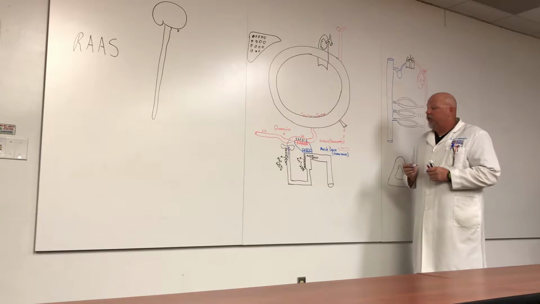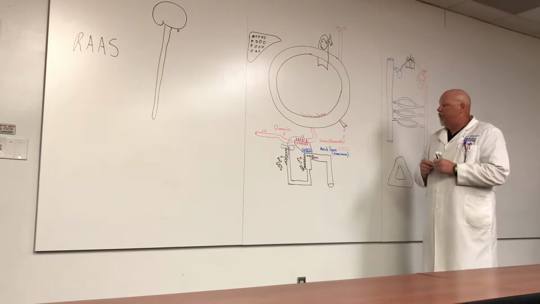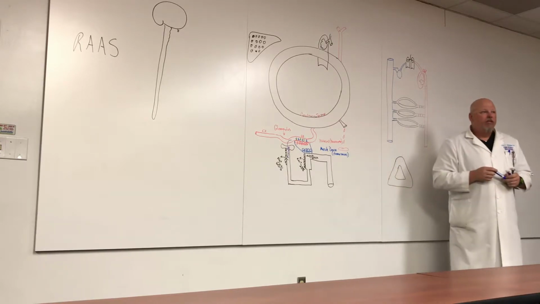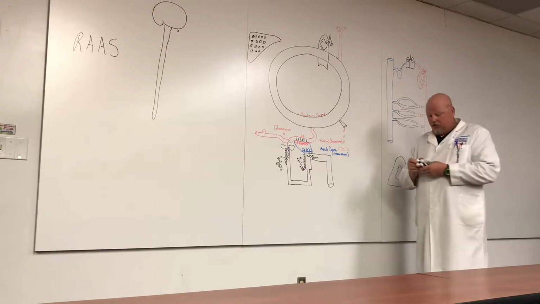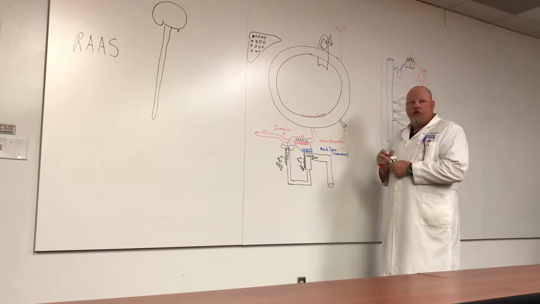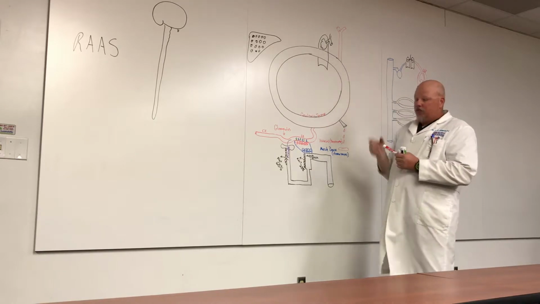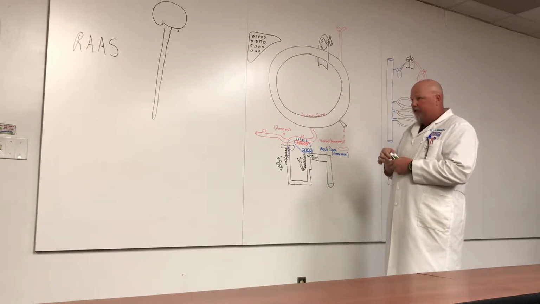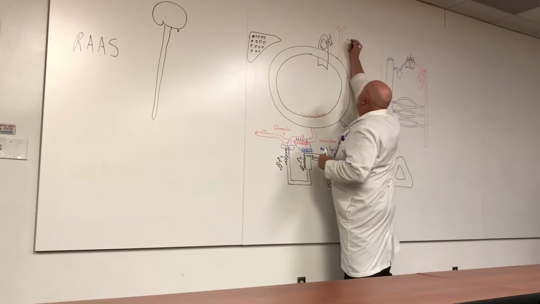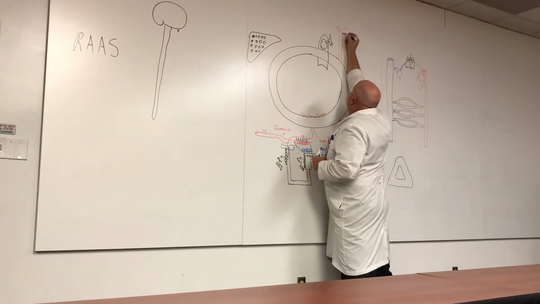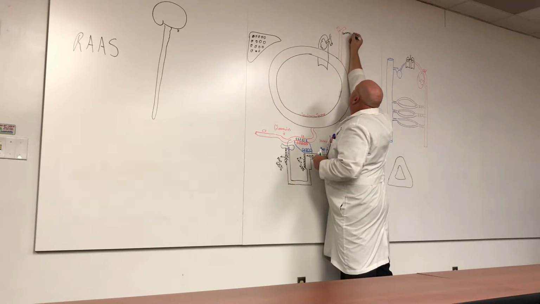All right, so we have baroreceptors, chemosensors, and one more, which is called a neurosensor, which is going to come from the carotid sinus up here, which is also a what? Baroreceptor.